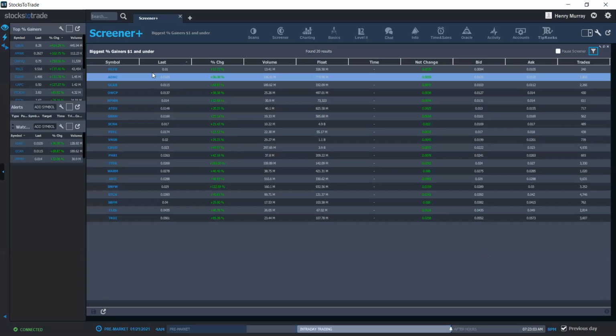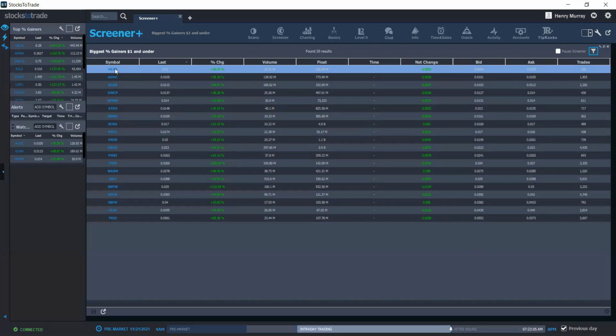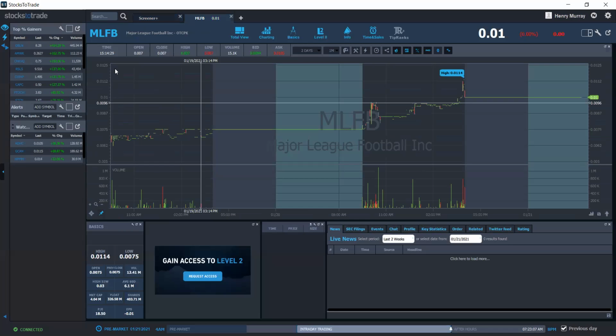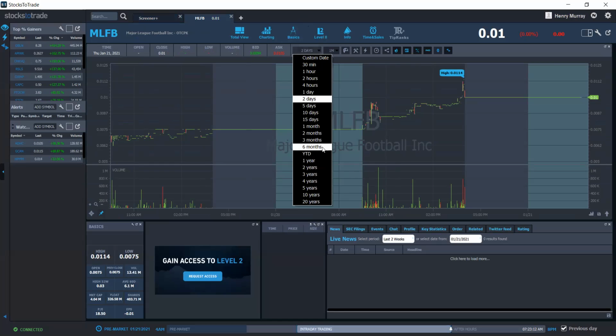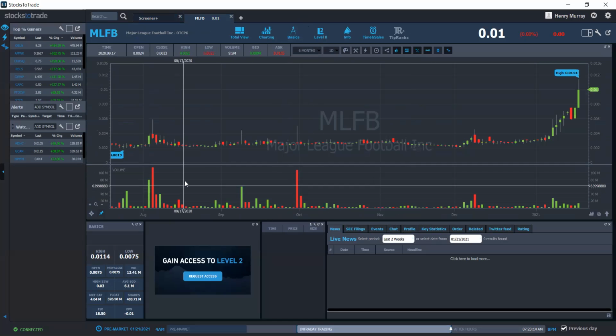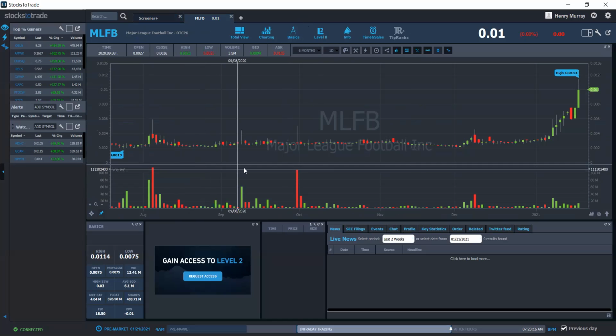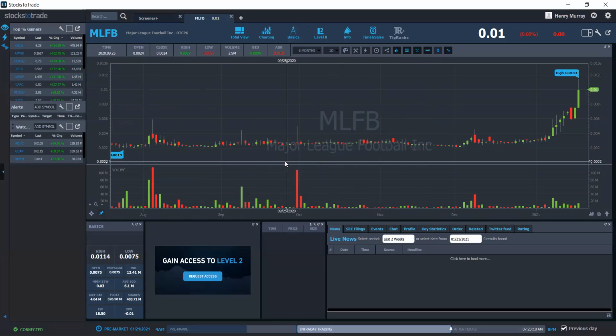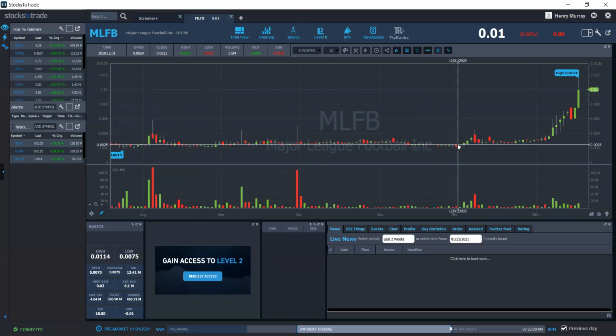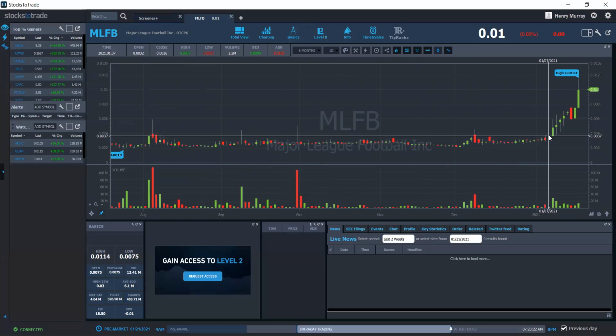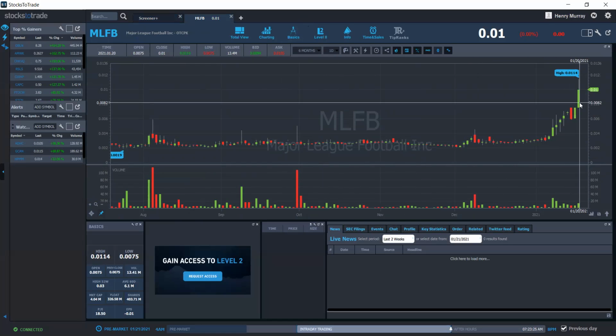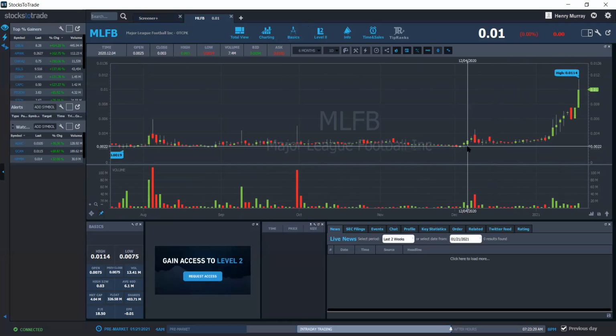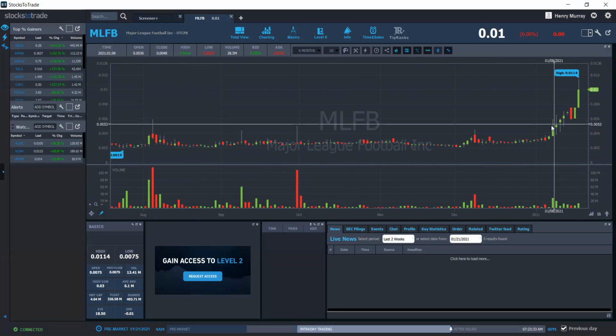And here, the very first stock we'll be looking at is MLFB. All right, and we're going to the 6-month time frame. For this chart, you can see that it's a multi-day runner. And it's also displaying the supernova chart pattern.